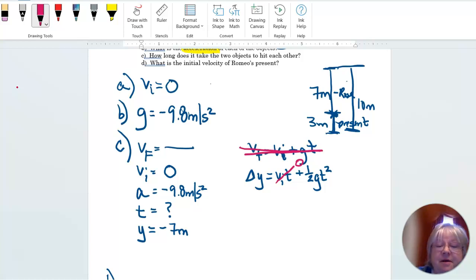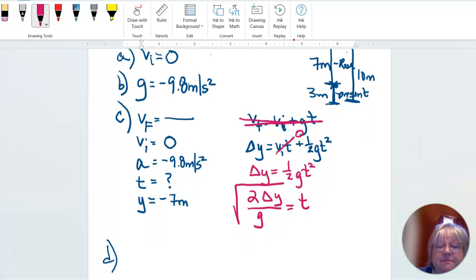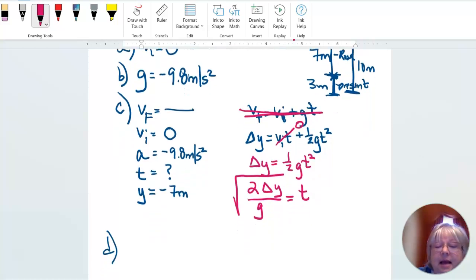So let me manipulate my equation. First of all, it's going to be delta Y equals 1/2 GT squared, which means that 2 times delta Y divided by G equals T squared. So I'll just take the square root of both sides. And now all I have to do is plug in.